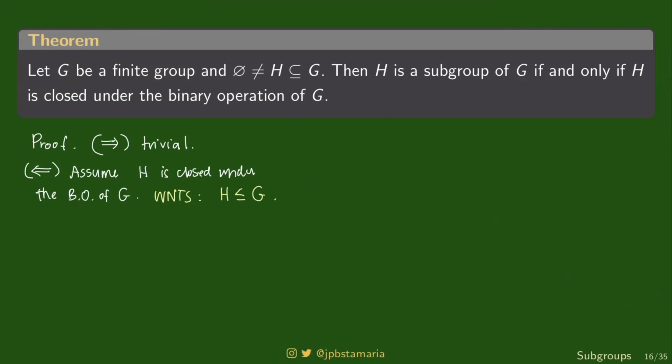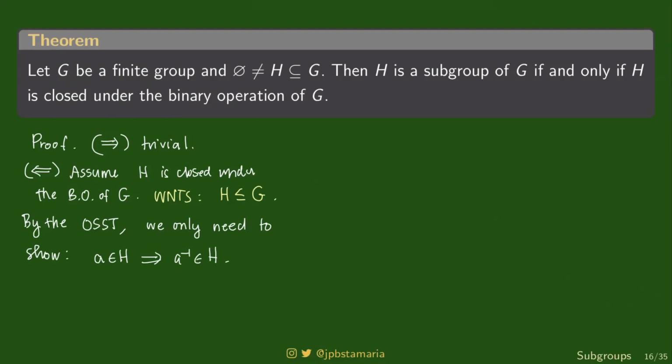And how can we achieve that? Actually, gagamitin ko yung one-step subgroup test. So that by the one-step subgroup test, kanina, we only need to show that whenever A is in H, the inverse is also in H.